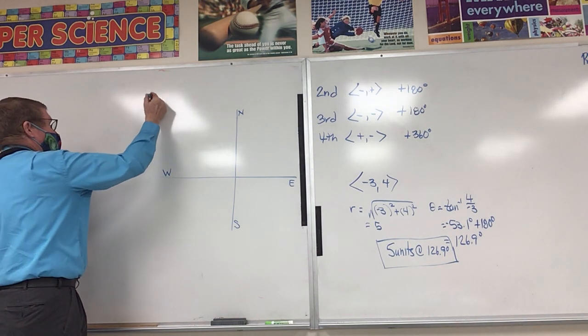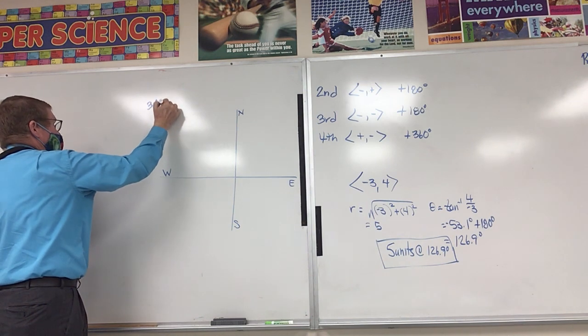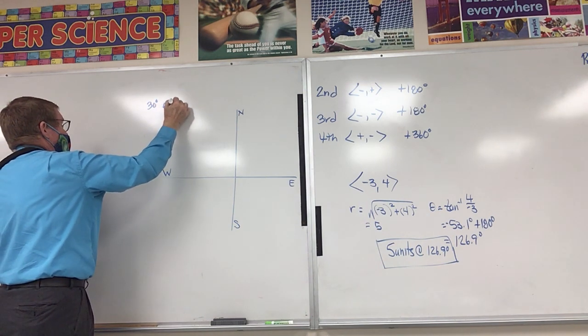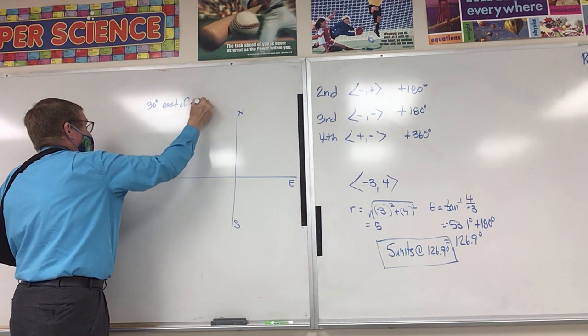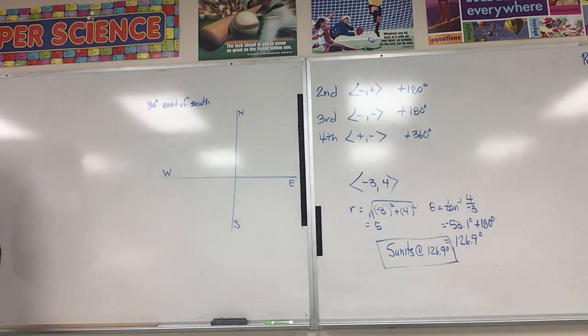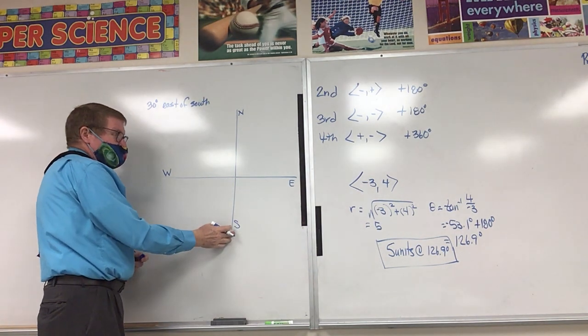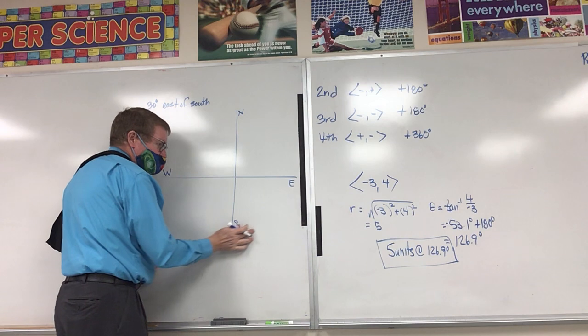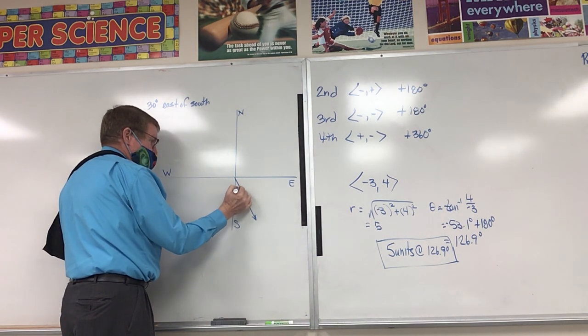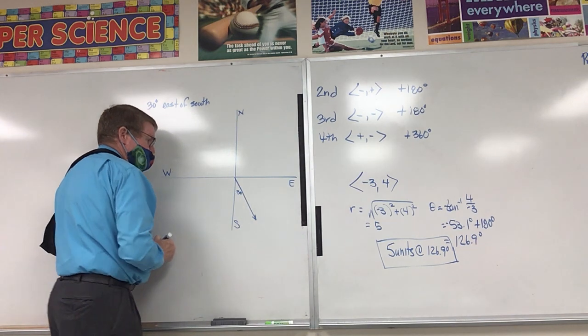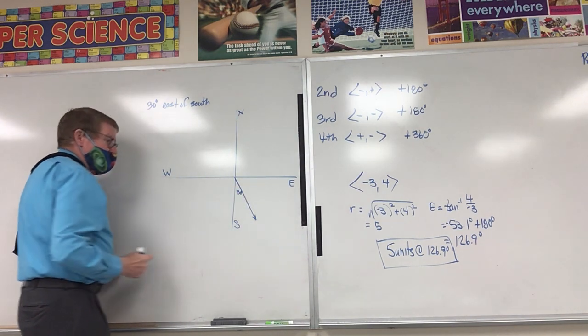For instance, they asked me to go 30 degrees east of south. That means I'm starting at south and I'm going 30 degrees toward the east. There's my vector.